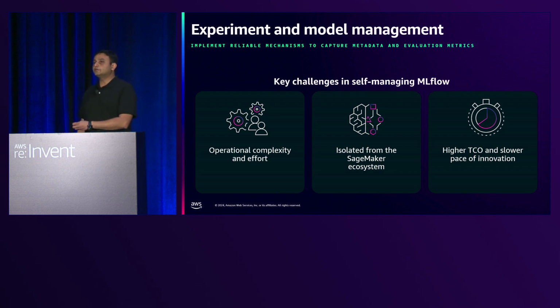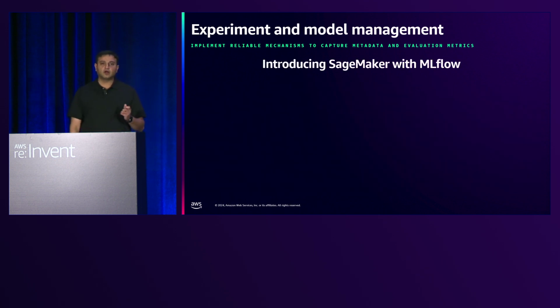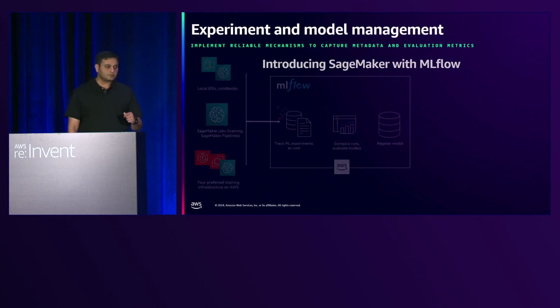And lastly, they have to integrate IAM permissions or various other SageMaker capabilities so that they can, one, make sure only the right data scientists can access the tracking server, and two, log experimentation metrics from their preferred development environment.